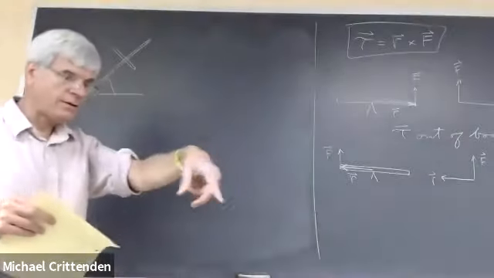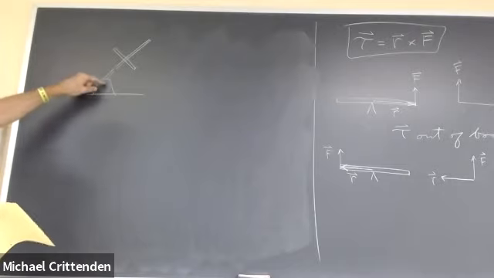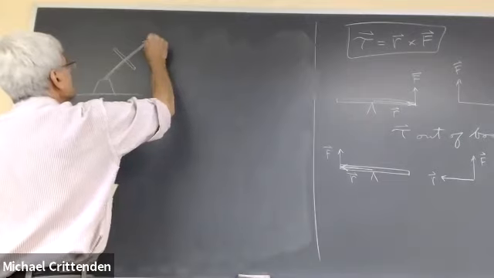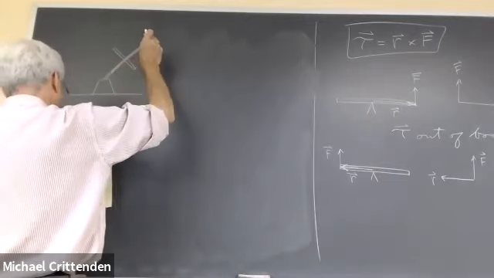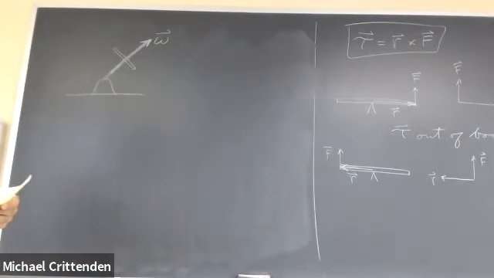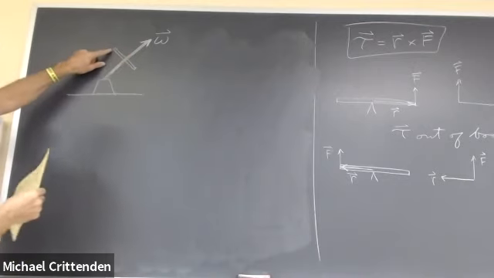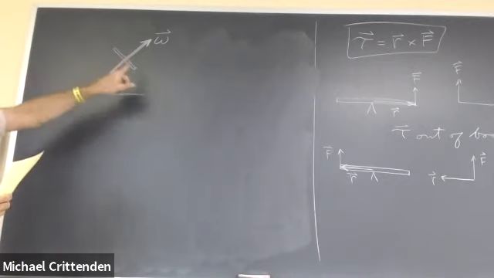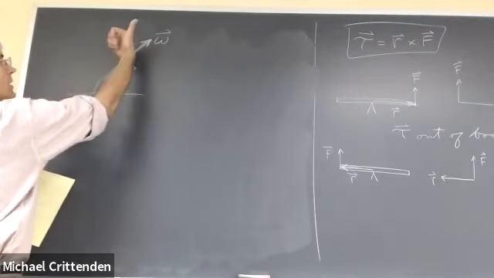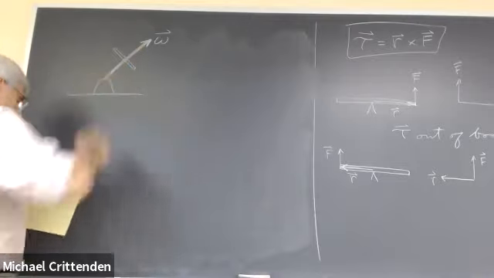I didn't bother to draw the little cage that's around it, just the spinny part. So it's on its little stand and it's spinning around, and omega is its angular velocity vector. I'm assuming here that this side is moving out of the blackboard and this side is moving into it. If it's going around that way, the omega vector points up the axis. If it's rotating the other way, it would point down.